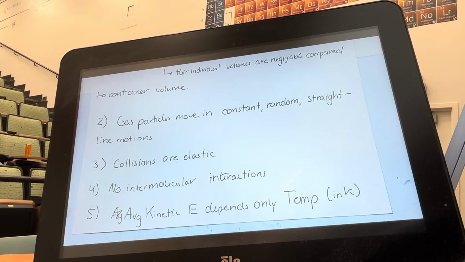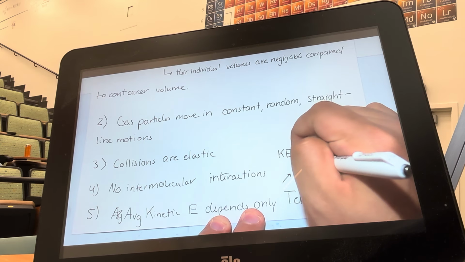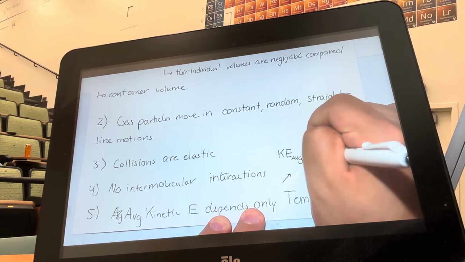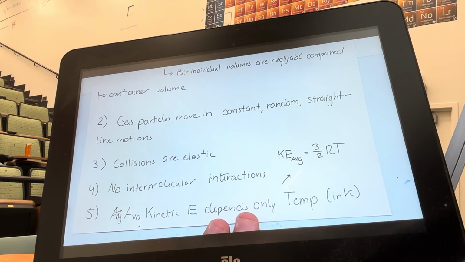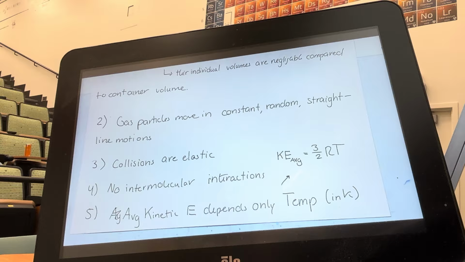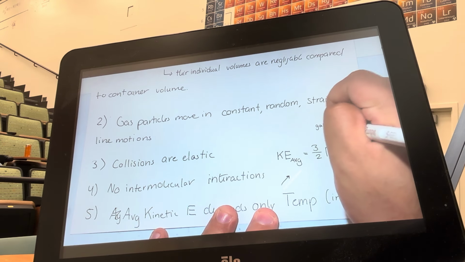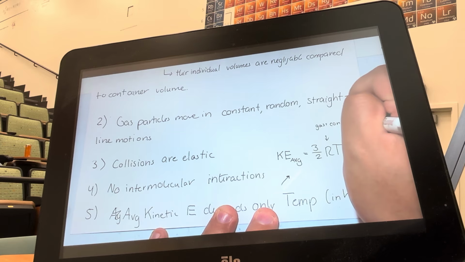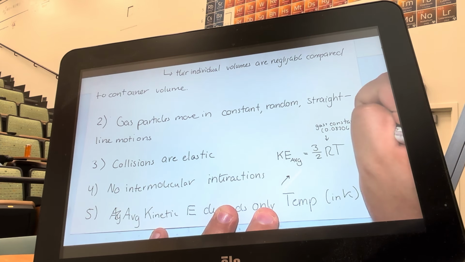And so with that comes our first equation. The average kinetic energy equals 3/2 RT, where the R represents the gas constant. The gas constant, which is 0.08206 liters atmospheres.